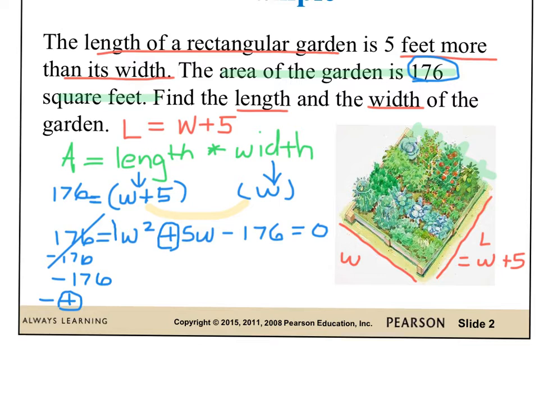So I'm going to start listing some factors. -1 plus 176 is your first set of factors.